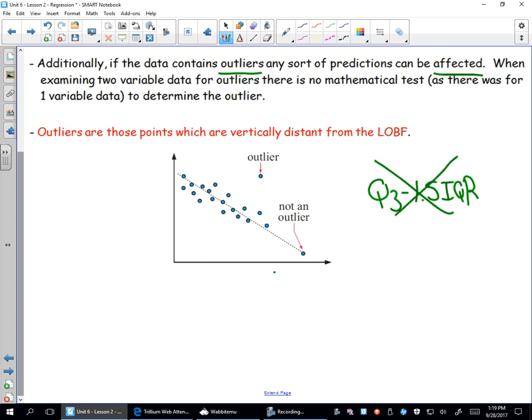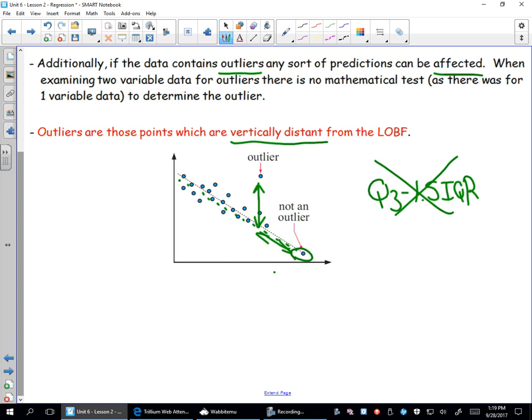What you have to do is you have to look for a vertically distant point, something that's got a really big residual. So this point here is really high above the line of best fit. It would be an outlier. This dot is far away from the rest of the dots this way, but it's not an outlier because it's following the pattern. The pattern is going down to the right. Okay, so it's all about the residual size to decide on outliers.